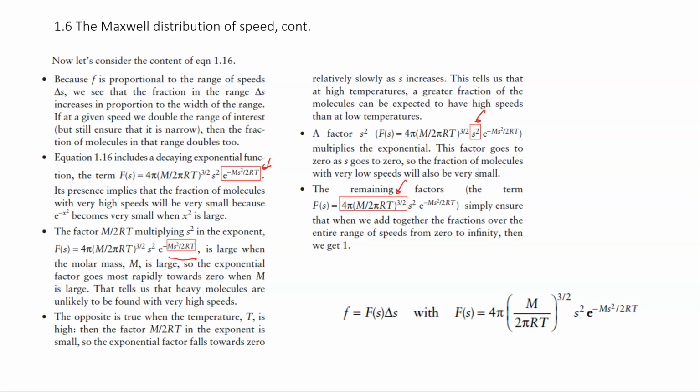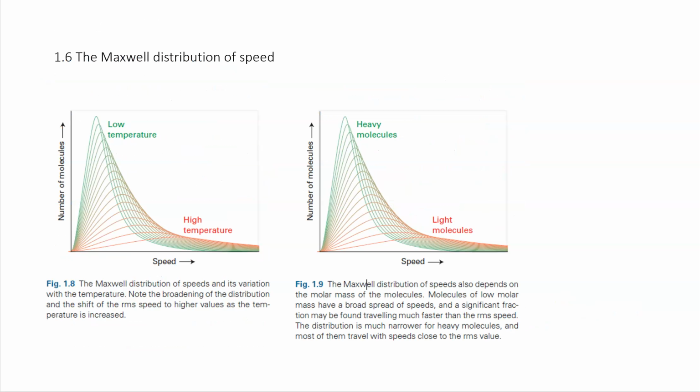So what does this look like in terms of these Maxwell distributions? These are two really good diagrams, figures 1.8 and 1.9. Starting with figure 1.8, on the y-axis we look at the number of molecules, and on the x-axis we have speed. We see this relationship, number of molecules in a population versus speed, ranging over temperatures, starting with low temperatures with the green curves and ranging to high temperatures with the red curves.